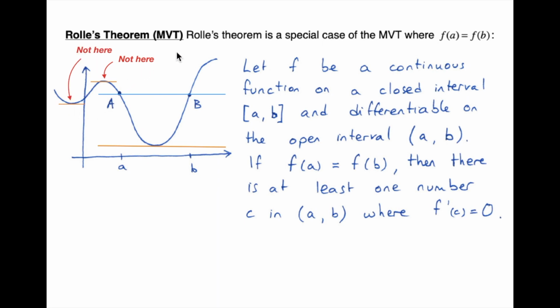The MVT promises us that there is a parallel tangent line inside the interval AB. If it happens elsewhere, well, fine, but that's not what the MVT is talking about. So if there's a question about finding where there's a tangent line that's parallel according to the MVT, and you answered here it is, that would be wrong.